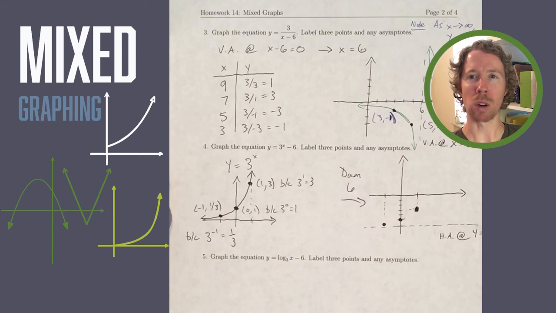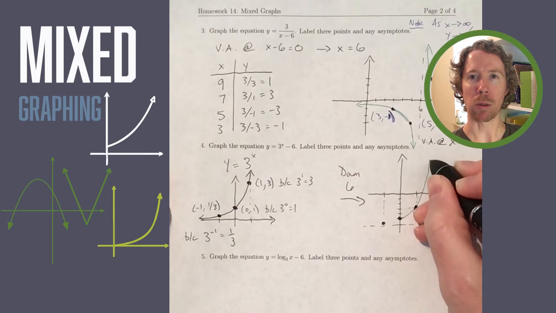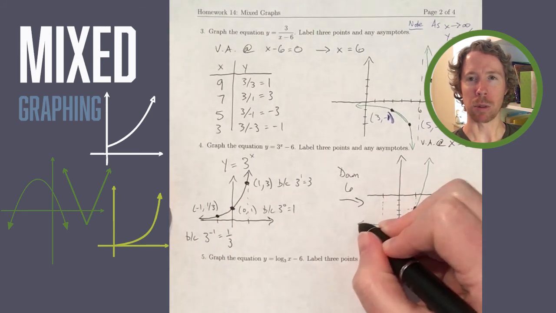And notice my horizontal asymptote that was at y equals 0 is now at y equals -6. And that finishes up the graph.